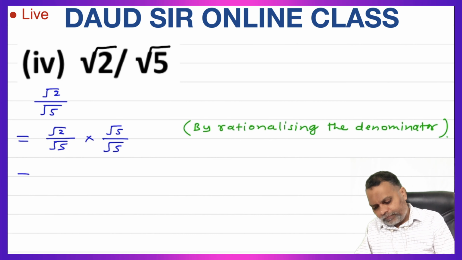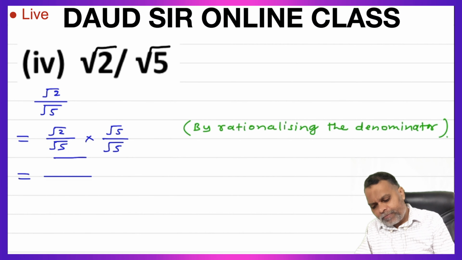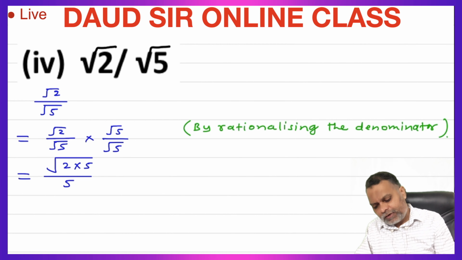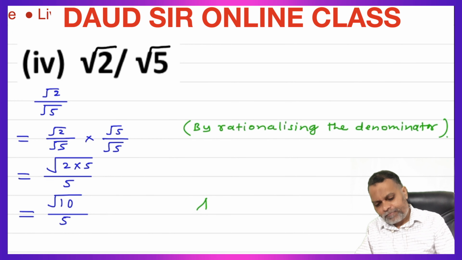Simplify this. Root 2 into root 5, we can multiply under one root sign, root 2 into 5. Root 5 into root 5 is 5, which is equal to root 10, 2 fives are 10, upon 5. This is the answer.